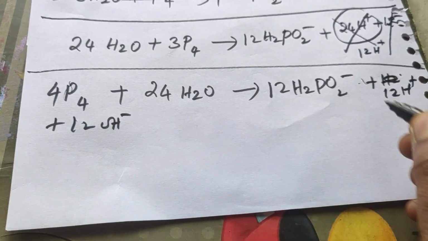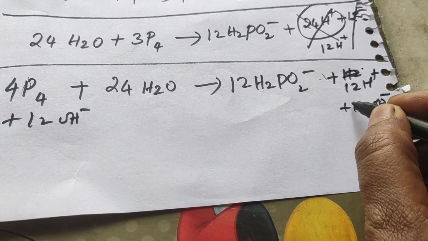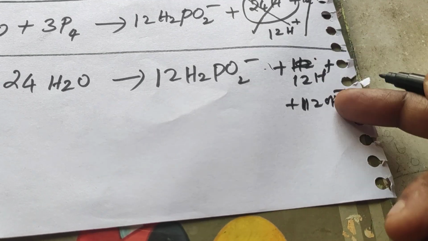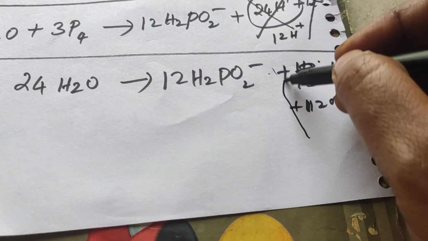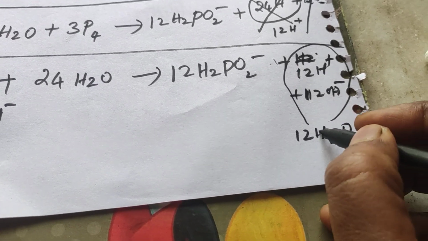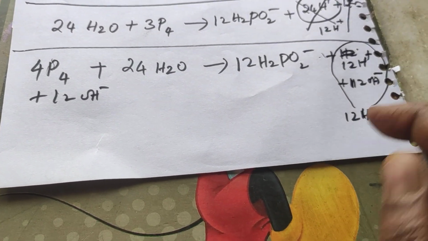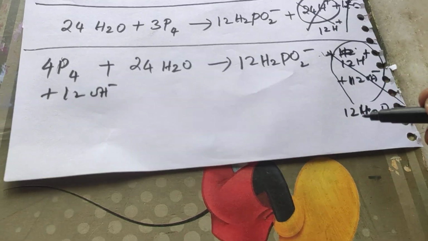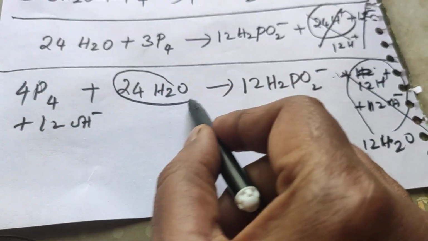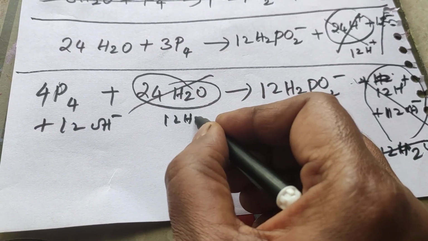So reactant side 12 OH-, similarly product side 12 OH-. Both 12 H+ and 12 OH- will combine together to form 12 water molecules. Now you see on the right hand side 12 water molecules are there. On the left hand side 24 H2O. So you can cancel out. So here the remaining 12 H2O you will have.